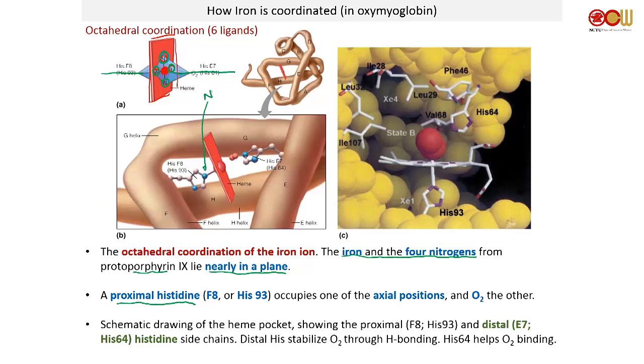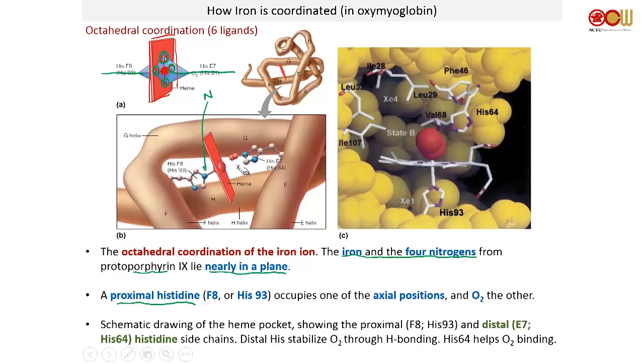On the other side is the place where you can bind molecular oxygen. What is the other histidine doing? This other histidine actually has two functions. The first function is that it facilitates the binding of molecular oxygen by stabilizing it.